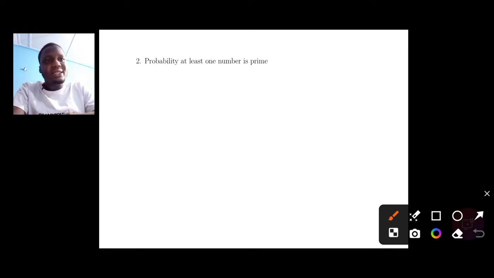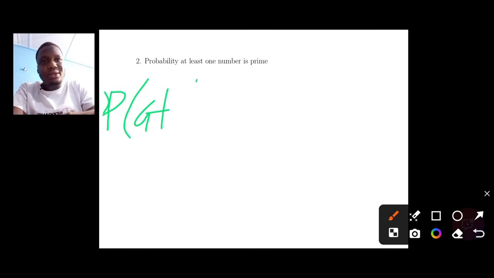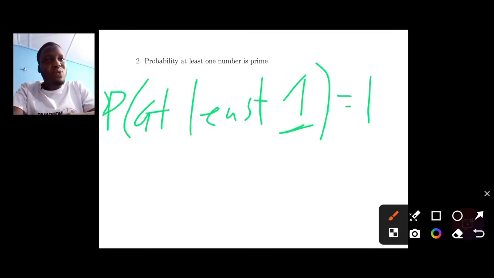And an easy way to do that is that the probability of at least 1 is equal to 1 minus the probability of none. Take notes.